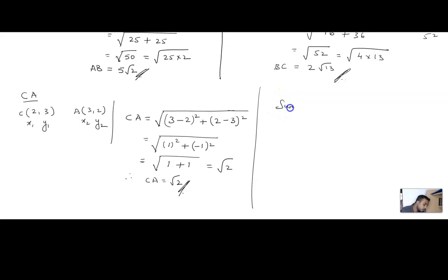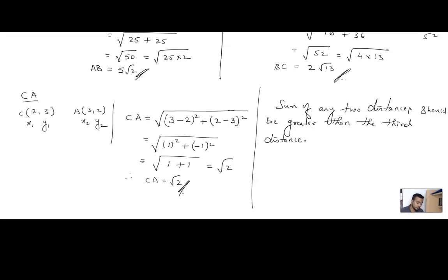If the sum of any two sides, that is, the sum of any two distances, should be greater than the third distance, then we can say that it forms a triangle.